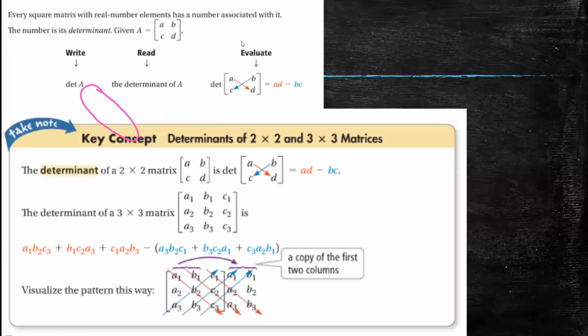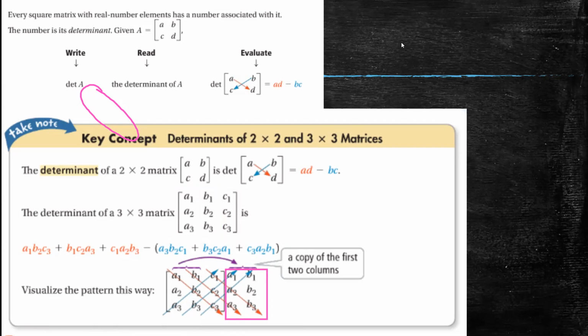The first step is to copy the first two columns, A1, B1, A2, B2, and A3, B3. Copy these two columns and write them here. Then look here and make these diagonals.